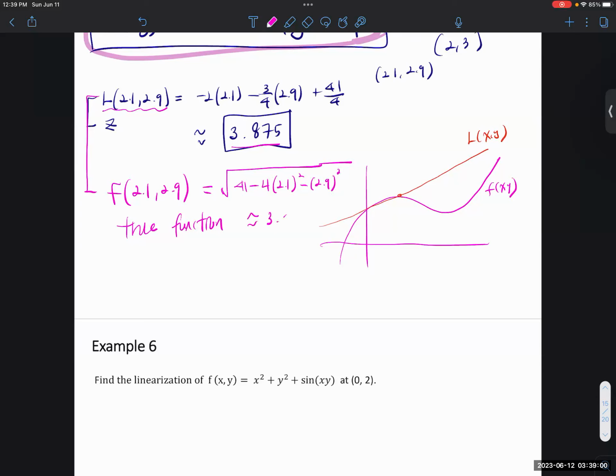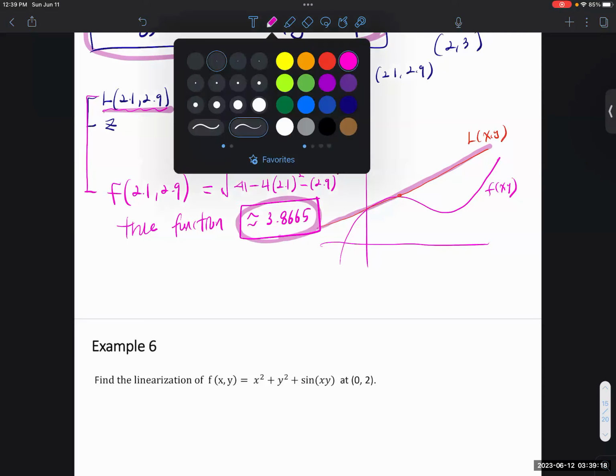You should get 3.8665. You see the different number here? This came from the linear approximation, which is the tangent plane outcome, and this is the true value from the function.